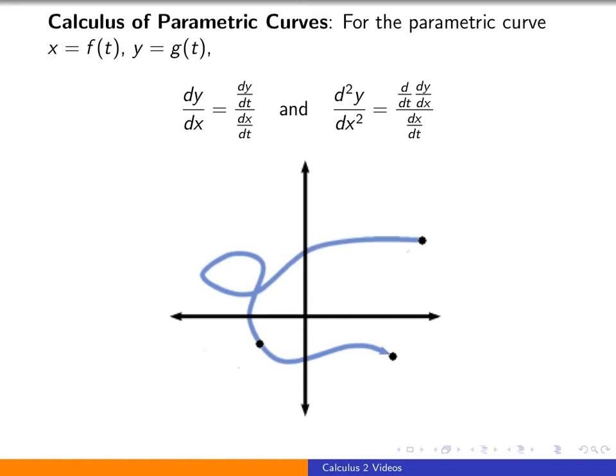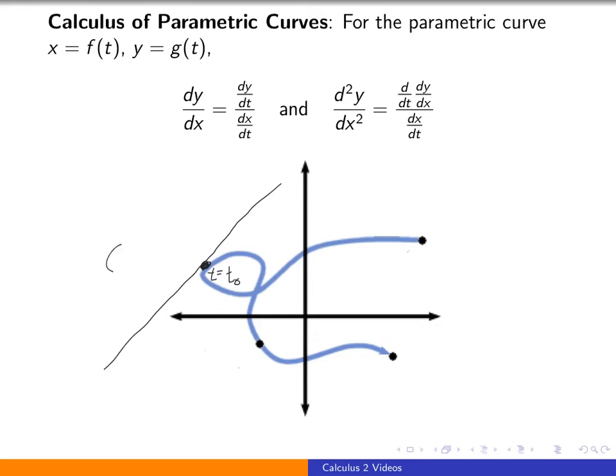So for example, if we have a point on our curve, it's reasonable to draw the tangent line to that point. And let's go ahead and say that this point corresponds to the parameter value t naught. So what we would have to do to find the equation of that tangent line is we would need to know the point where it hits the curve and its slope.